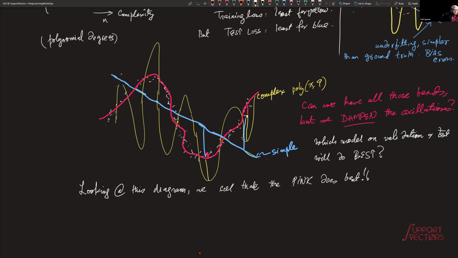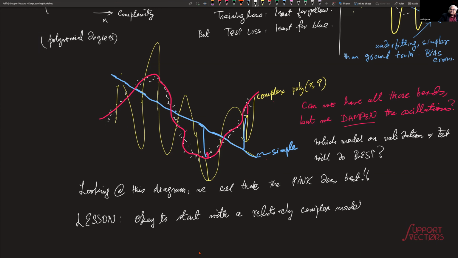So maybe I should write the summary here. The lesson is, to start with, a relatively complex model, so long as, it's a big lesson actually, so long as we know we can dampen the oscillations.